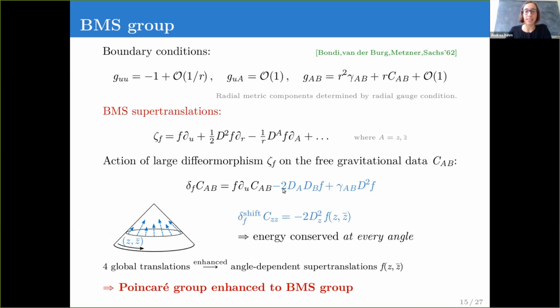For the ZZ component of the gravitational data, this inhomogeneous shift is simply given by two covariant derivatives acting on this function f. The physical effect of this diffeomorphism is now that the global translations get enhanced to angle-dependent supertranslations that are characterized by this function f. In other words, global energy conservation now becomes a statement that energy is conserved at every angle. And so by allowing for these diffeomorphism vector fields, the Poincaré group gets enhanced to the BMS group.